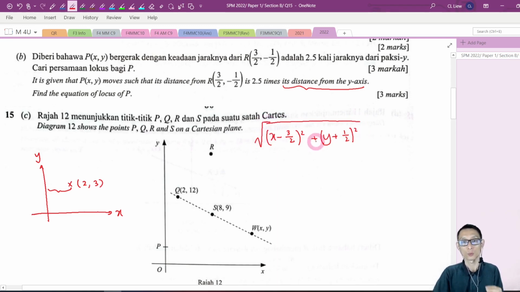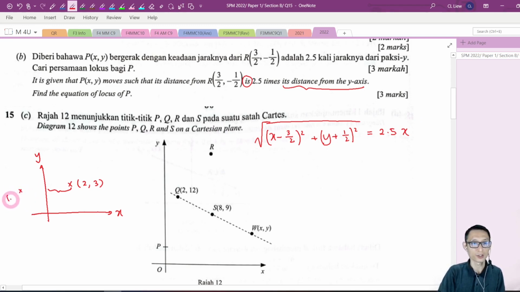Now here we will be able to get the distance between P and R, which is 2.5 times of this. So what is the distance here? As I told you just now, if you want to find the distance from the y-axis, it will be the x coordinate, right? So I will write x. So maybe you will start thinking, how about teacher if it's over here?